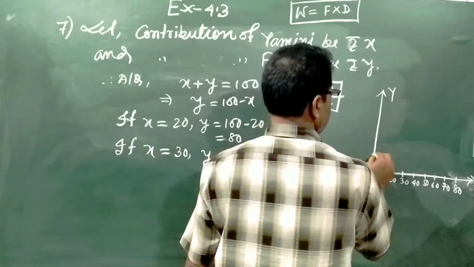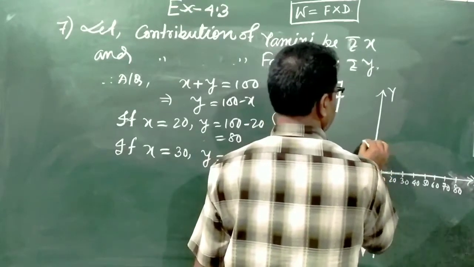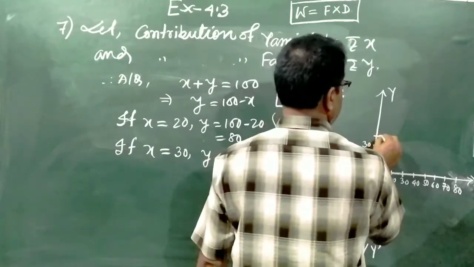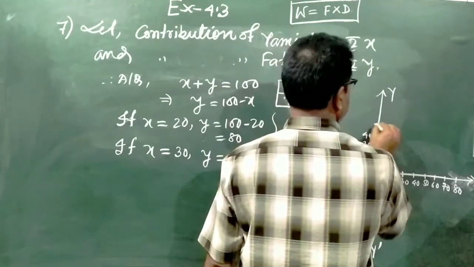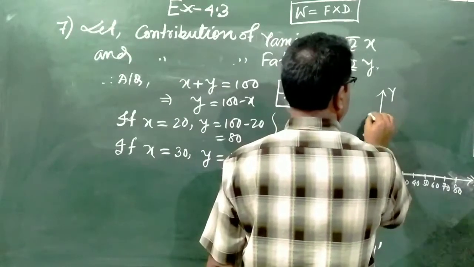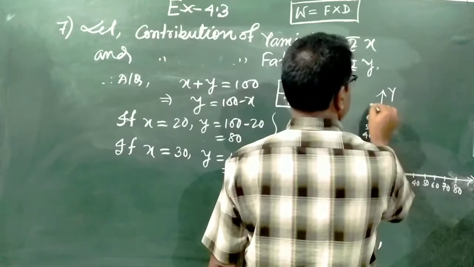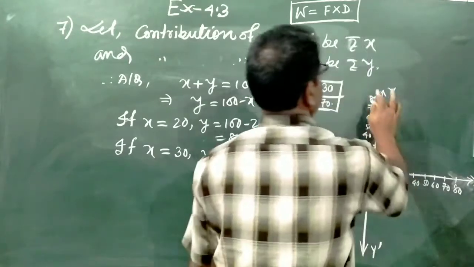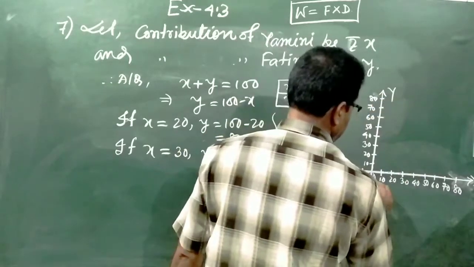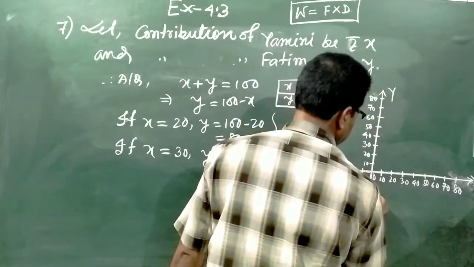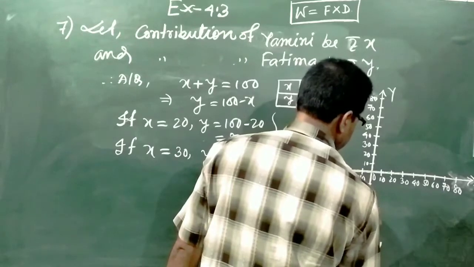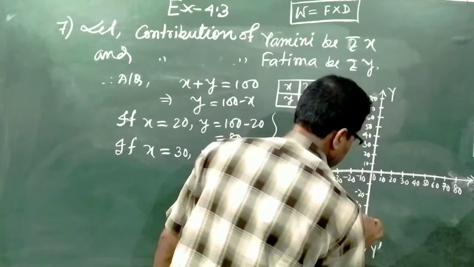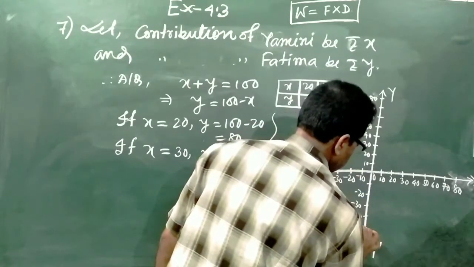10, 20, 30, 40, 50, 60, 70, 80. In this way it will go on. This side minus 10, minus 20, minus 30, minus 40, minus 50, and so on.